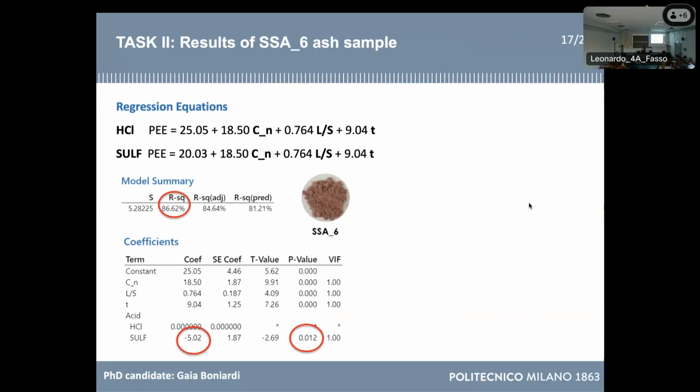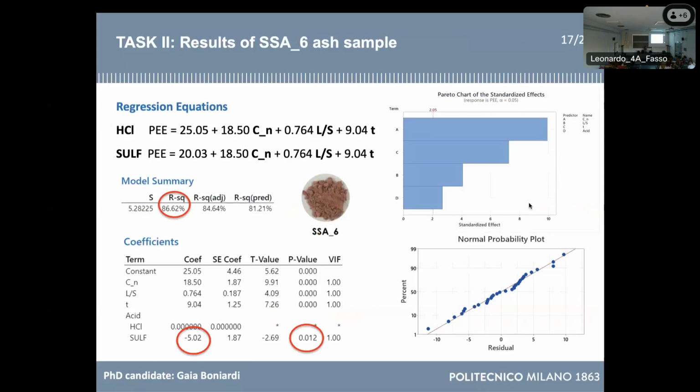Here you can see the results for the first type of ash, the one which has a high content of calcium carbonate. We found out that the model globally was the same for both acids, but sulfuric acid was 5% less effective than hydrochloric acid. The most significant factors are concentration, followed by time and liquid to solid ratio.